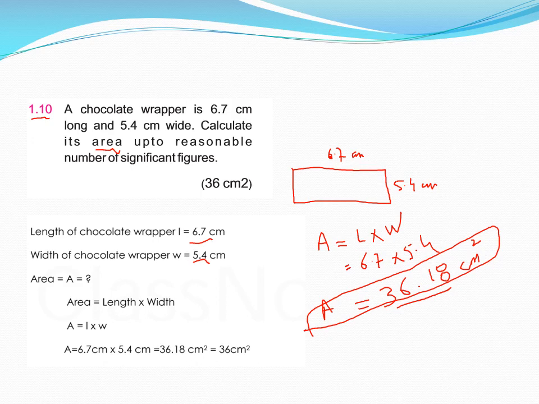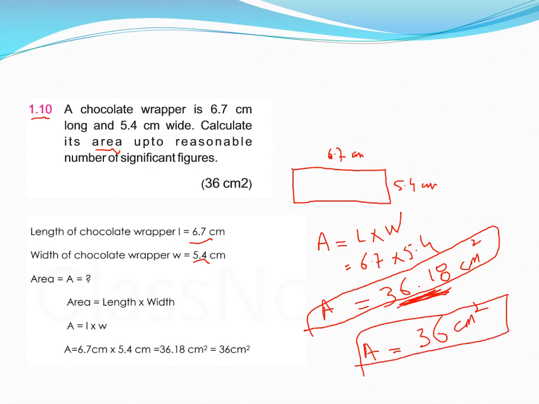As both have the same, the lower number of significant figures is 2. So the number of significant figures in the area should be reduced to 2, and for that we have to round it off. After rounding, we get area equal to 36 square centimeter. So the reasonable answer is 36, with 2 significant figures.